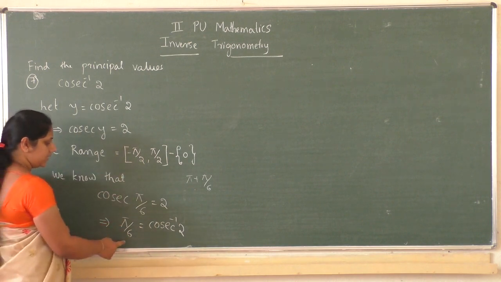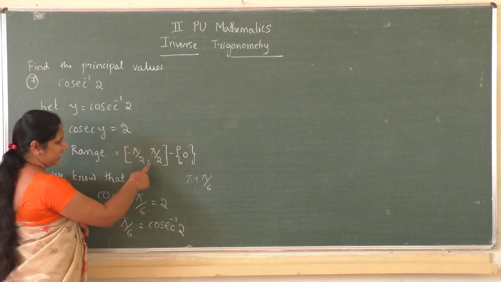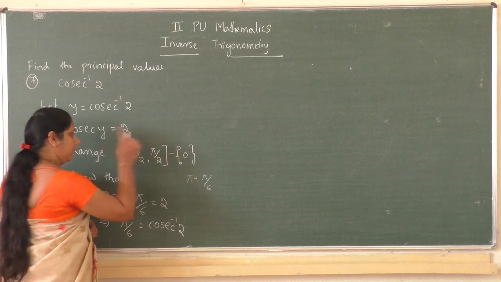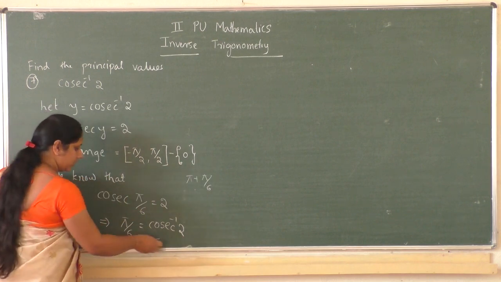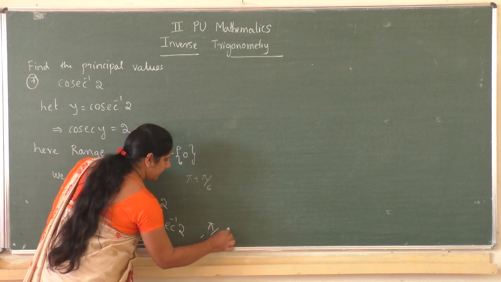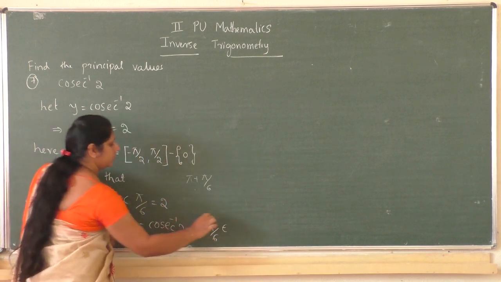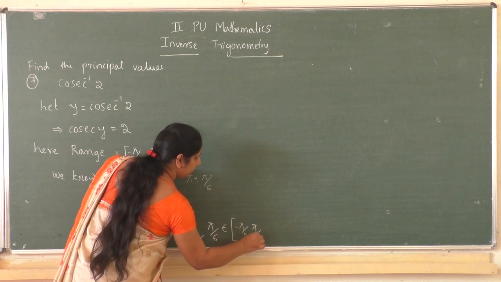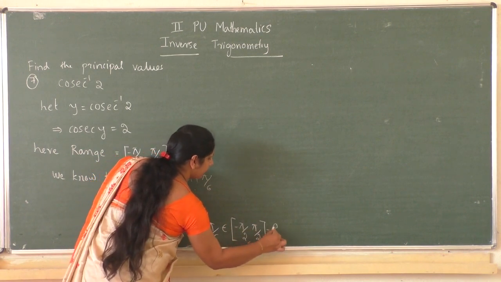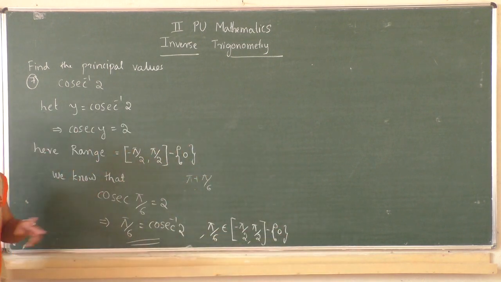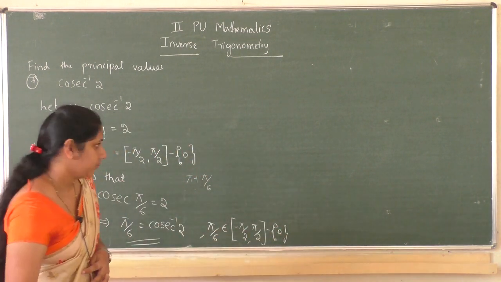See, pi by 6 means 30 degree. 30 degree lies between minus pi by 2 to pi by 2 minus set containing 0. So this is the required principal value, where pi by 6 belongs to this interval, that is minus pi by 2 to pi by 2 minus 0.